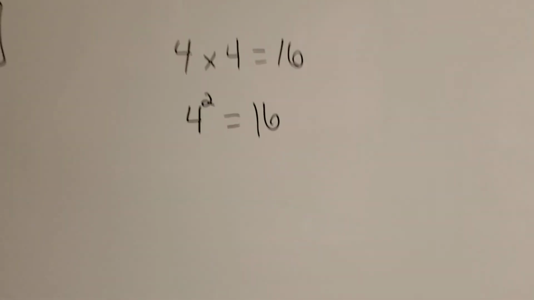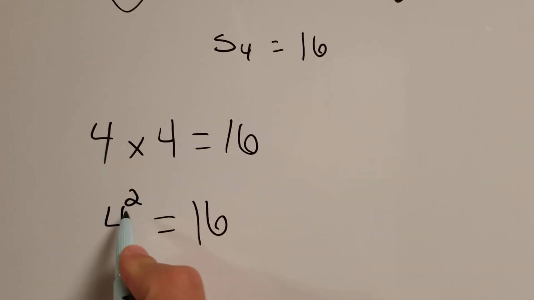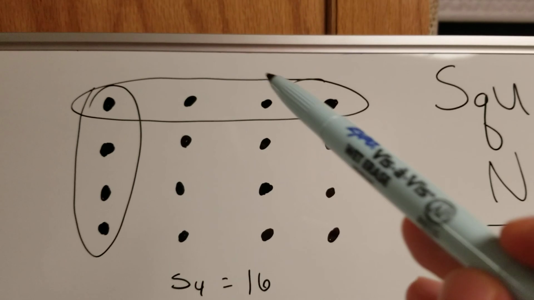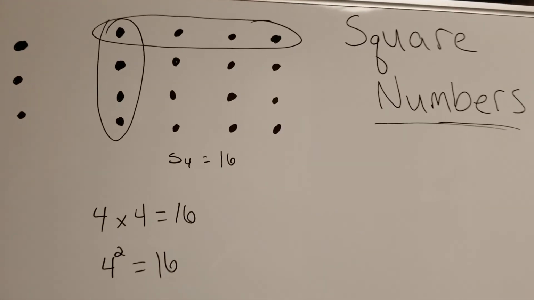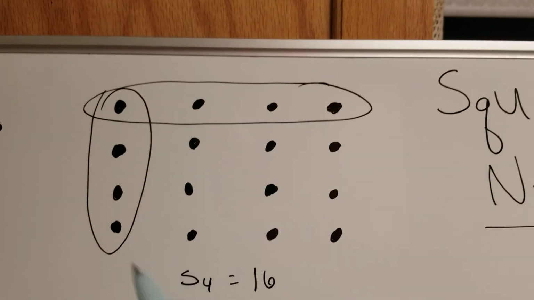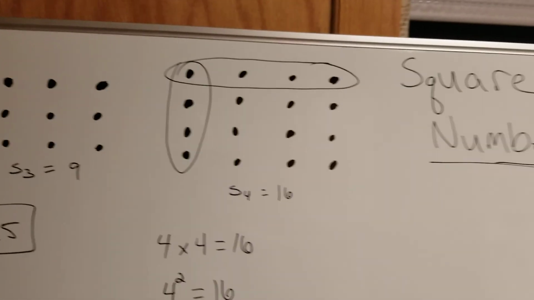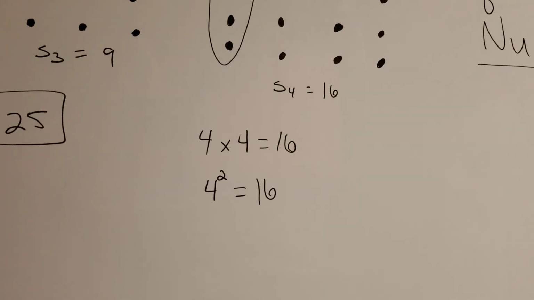And by the way, you might now know why they call that squaring, because it has this geometric concept to it. A lot of times in math, we take a number idea and attach it to something geometric, and vice versa. Sometimes we take a geometric idea and attach it to a numeric thing.